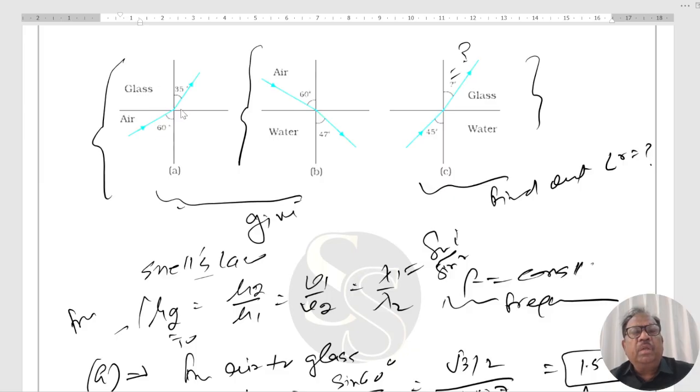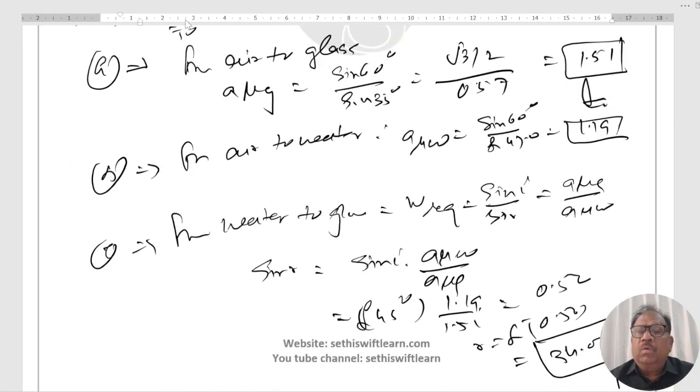This is 47 degree. It is bending towards the normal because this is the denser medium. In this case, there is incident water, it is bending towards the right. In this case, water to glass. We have cleared all the concepts. Now, next question.